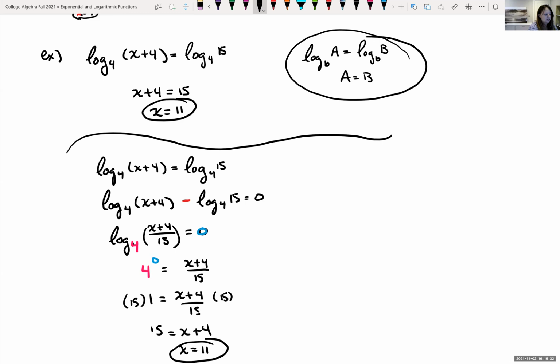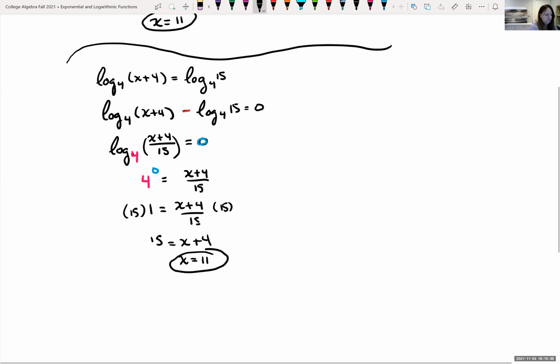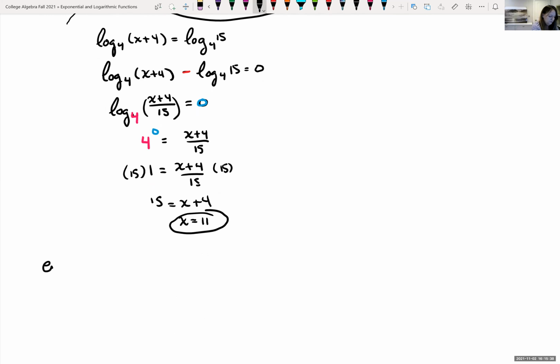So let's look at another one. In this case, we have log of 2x minus log of (x minus 3) is equal to 1.